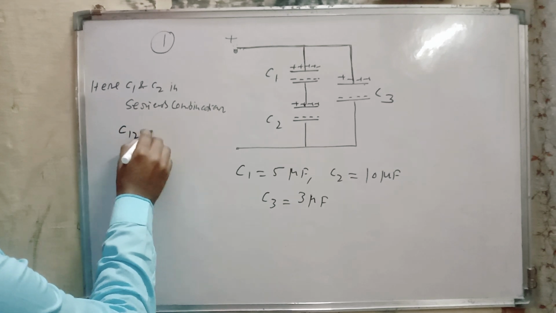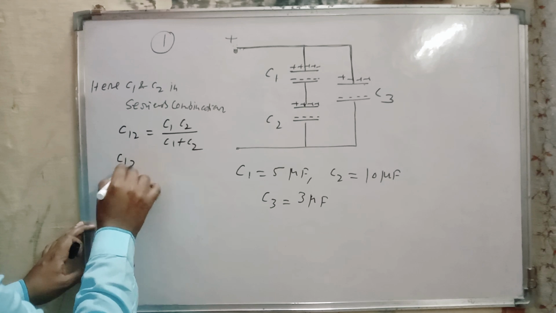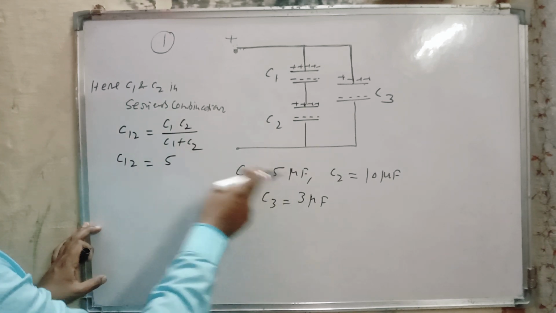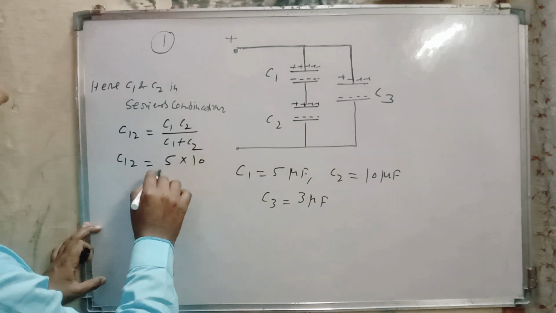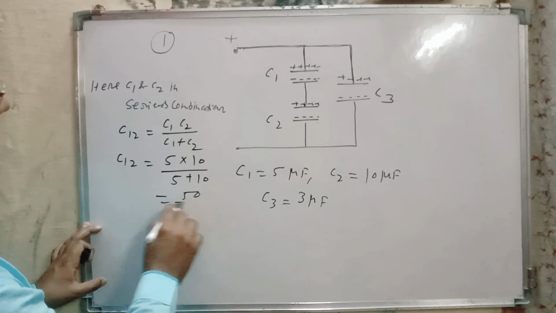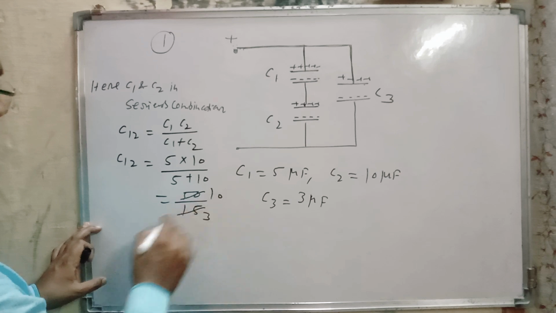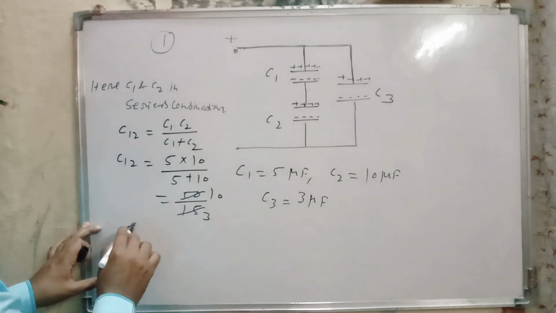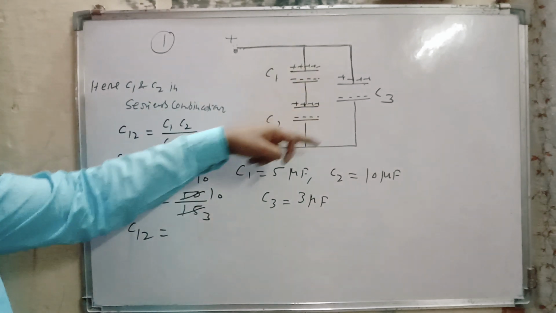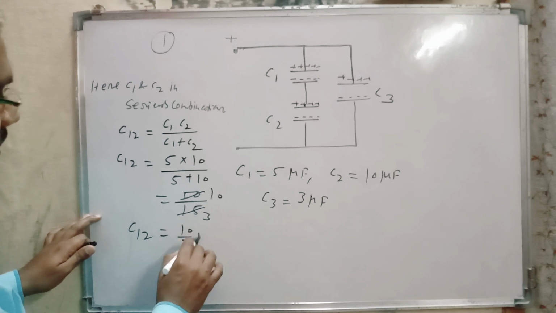That means C12 is equal to C1 C2 divided by C1 plus C2. Now put the values: C1 is 5 microfarad, C2 is 10 microfarad, so 5 times 10 divided by 5 plus 10, that is 50 divided by 15. That means the equivalent capacitance of C1 and C2, C12, is 10 by 3 microfarad.